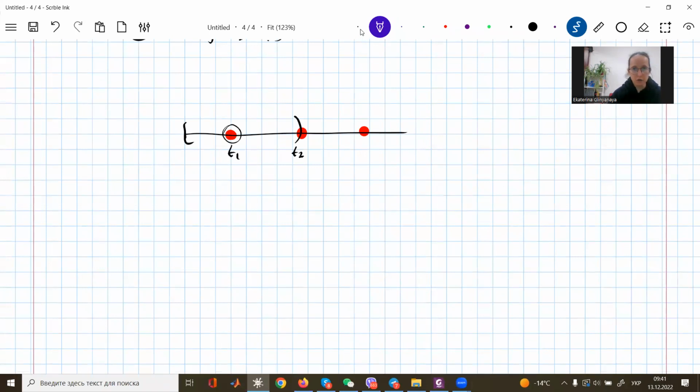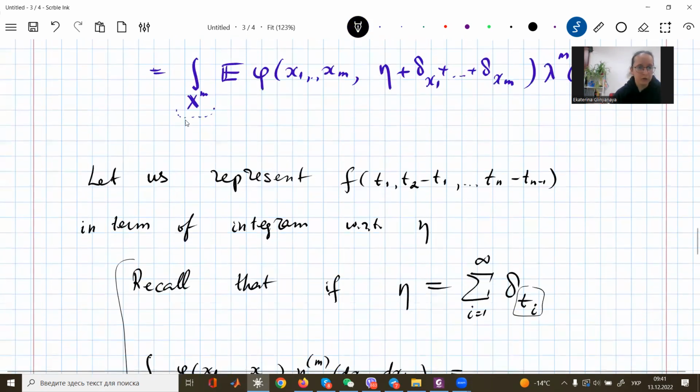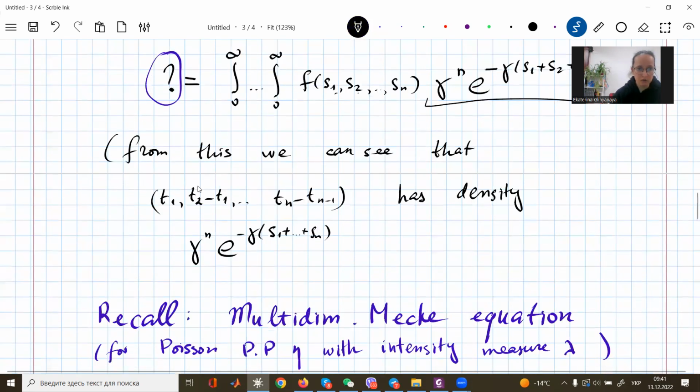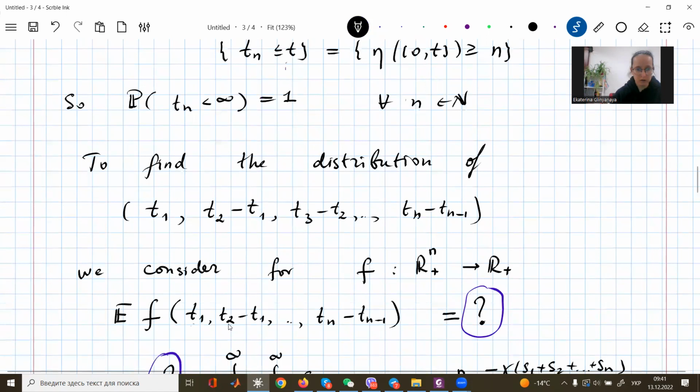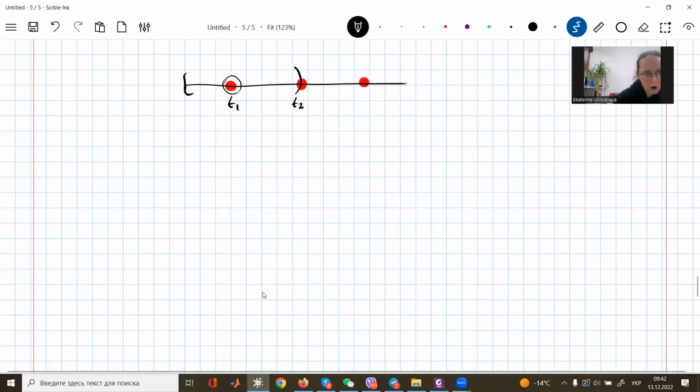I hope that you understand the idea. So for the general case, let us come back. What do we want to get? We want to get the function of such form, t1, t2 minus t1, and so on. So let us write this. Now we understand how to do this.